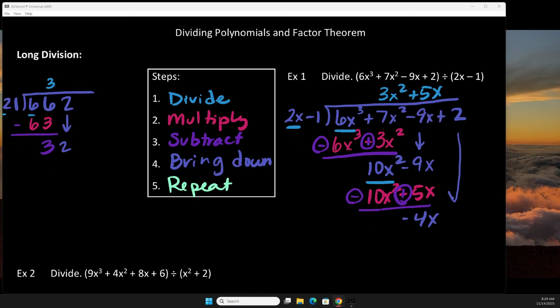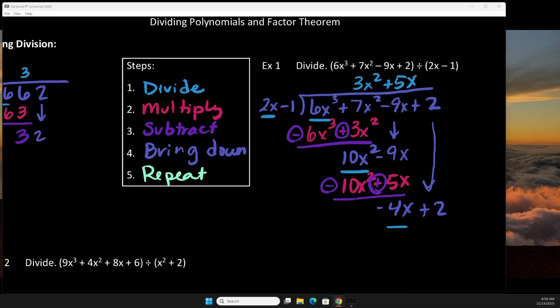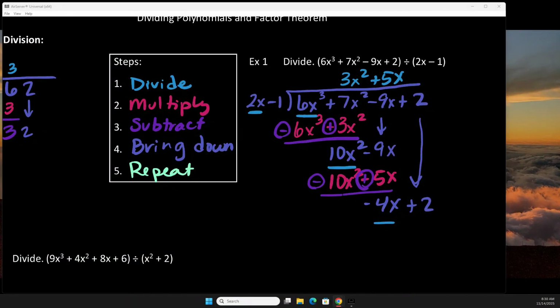And then we bring down, and then we do it again. You're asking yourself, what do you multiply 2x by to get -4x? And that is going to be -2.